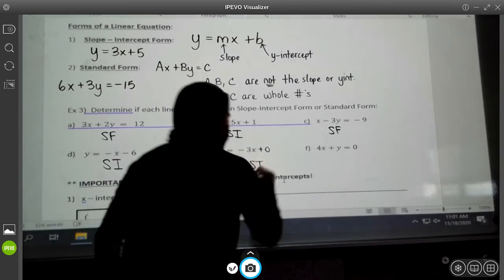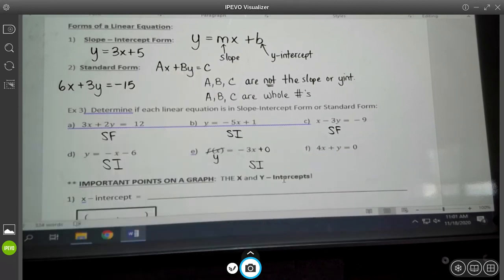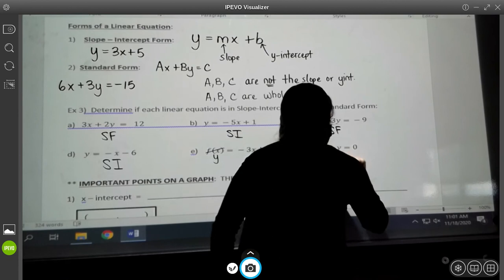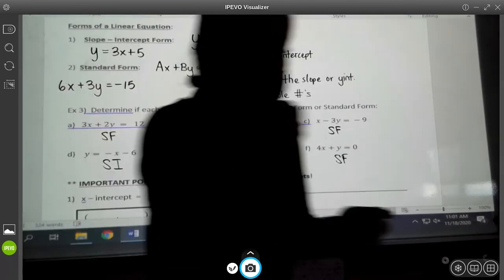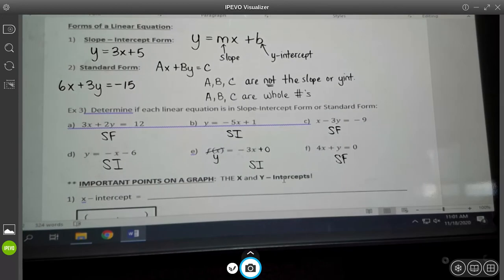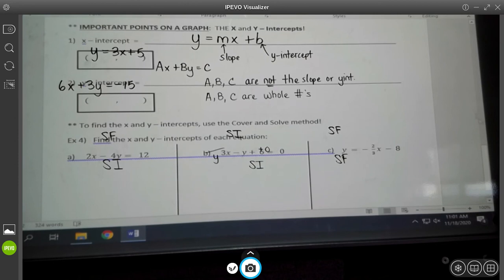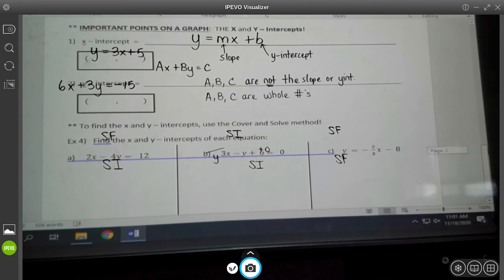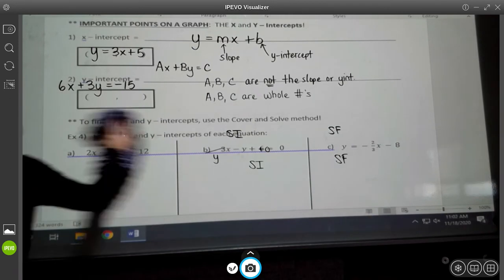All right, perfect. All right, the only other thing I want to go over with you guys is two really important points on a graph. And this is a lot of your homework is on this part, so I want to make sure we got to it. Okay.